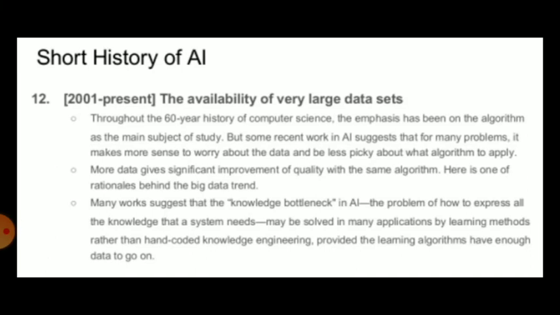Then deep learning, big data, and artificial general intelligence, that is from 2011 to present. In 2011, IBM's Watson participated in a quiz show and proved that it could understand natural language and solve tricky questions quickly. In 2012, Google Now was launched by Google, able to provide information to the user as a prediction.